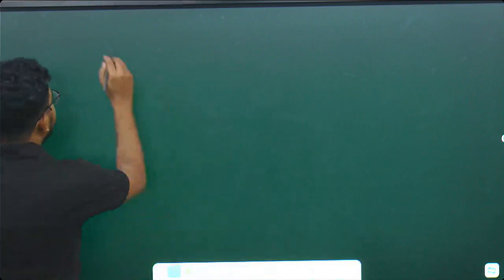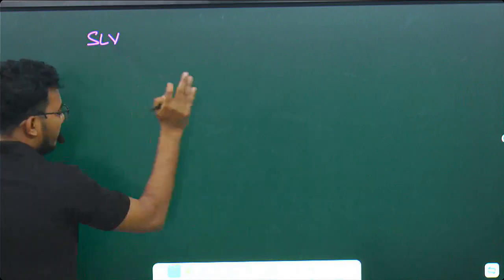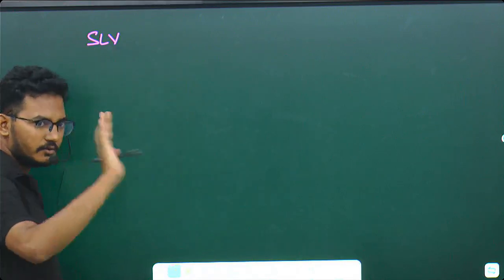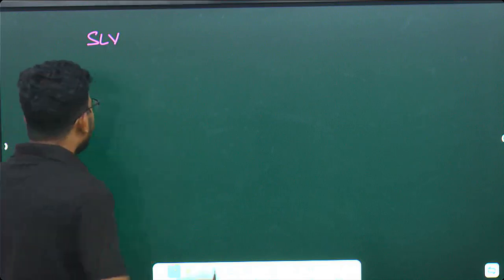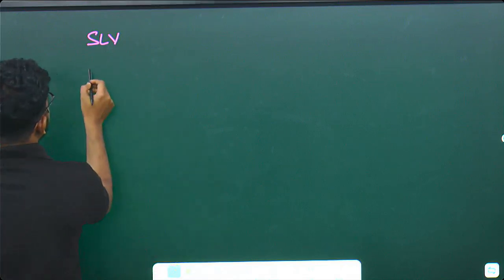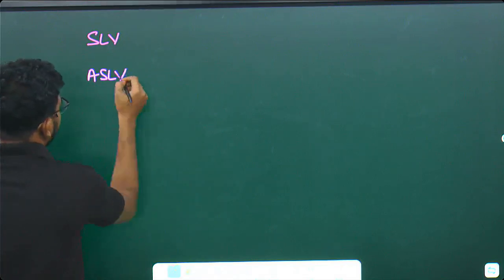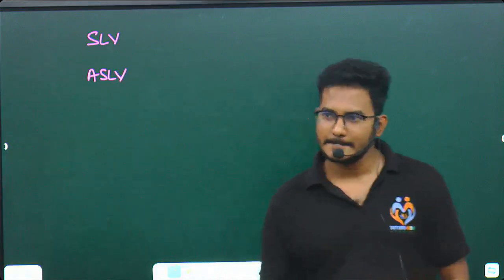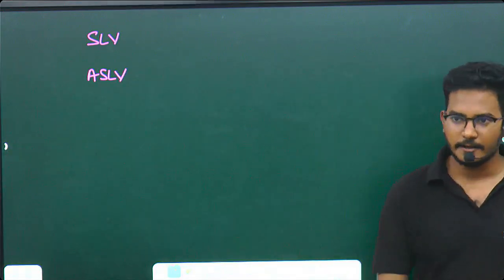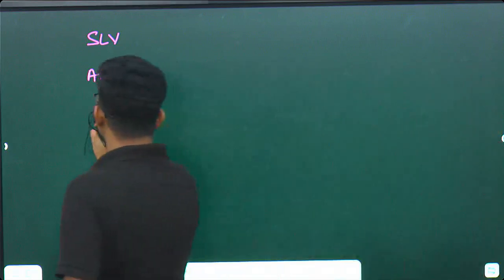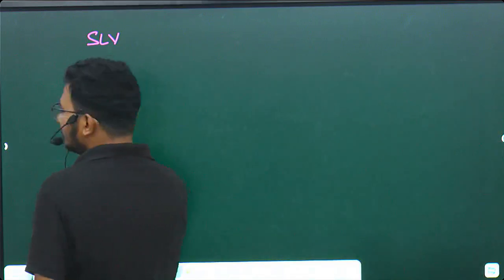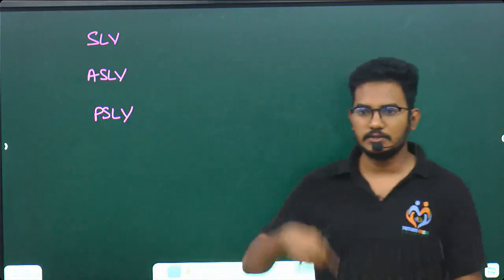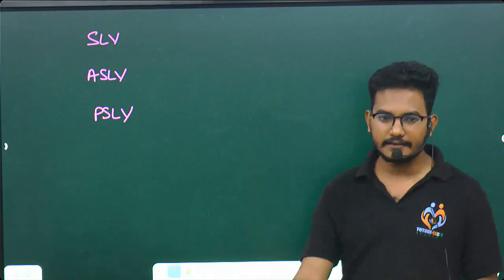Launch vehicles, first generation SLV, four stages, all four stages are solid. And then augmented SLV, satellite launch vehicle, five stages, all the five stages are solids. And then we have seen PSLV, four stages: solid, liquid, solid, liquid.